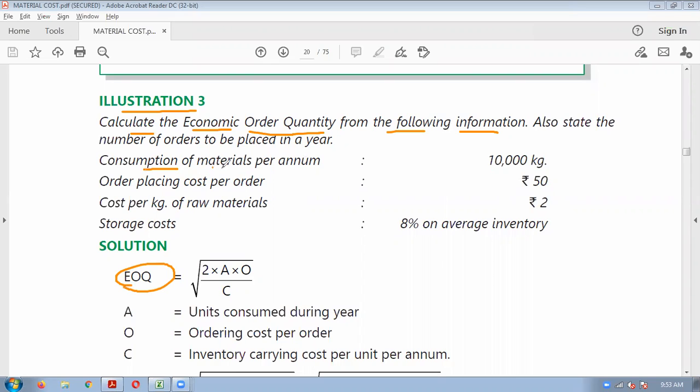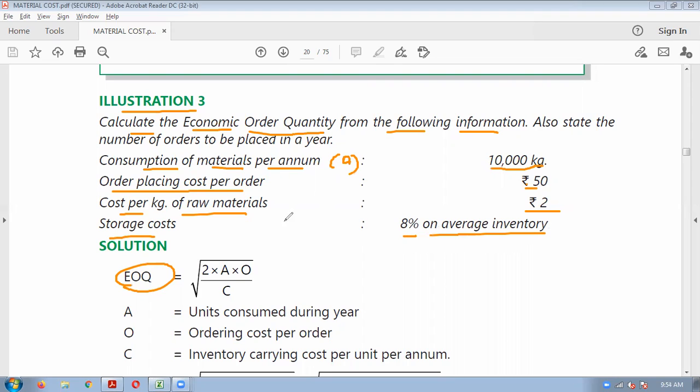See, consumption of material per annum, which is the annual demand A. During the total year, you have estimated that you will require 10,000 kg of raw materials. Then ordering cost per order is given as 50 rupees. Cost per kg of raw material is 2 rupees, and storage cost, that is carrying cost, is given as 8 percent on average inventory.